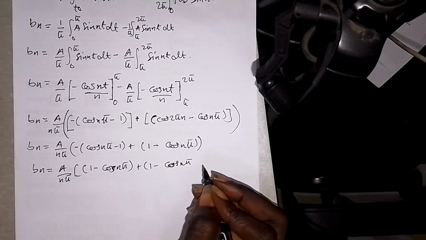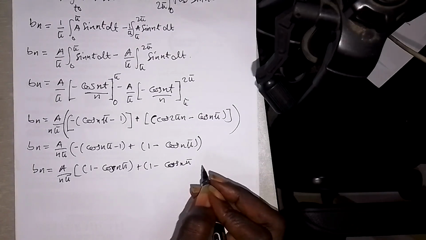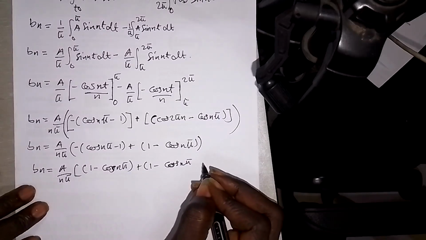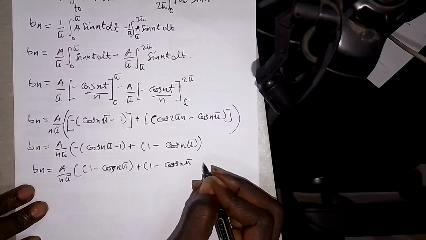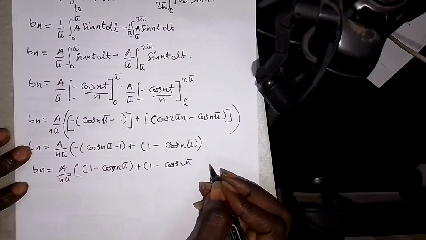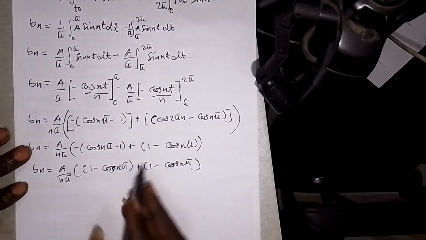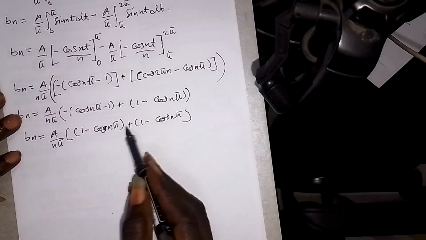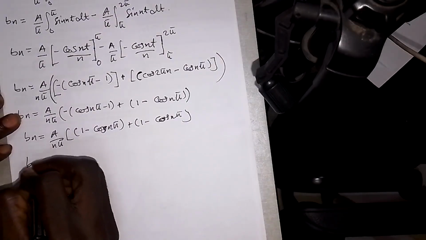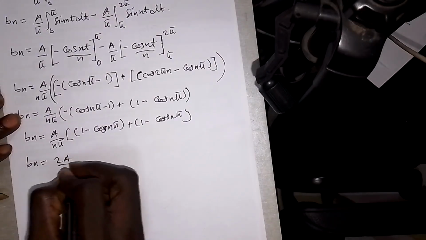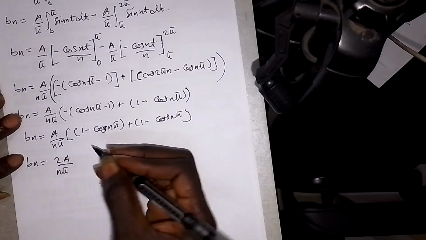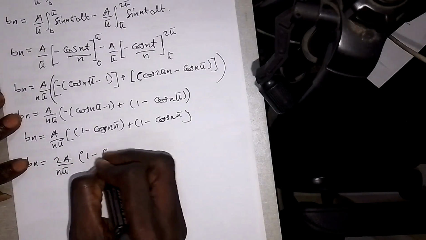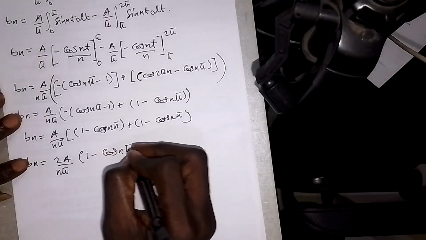So that is what I'm going to have at that particular point. Let us move on and see that basically they are the same. If you add them, you're going to have 2A over n pi into 1 minus cos n pi.